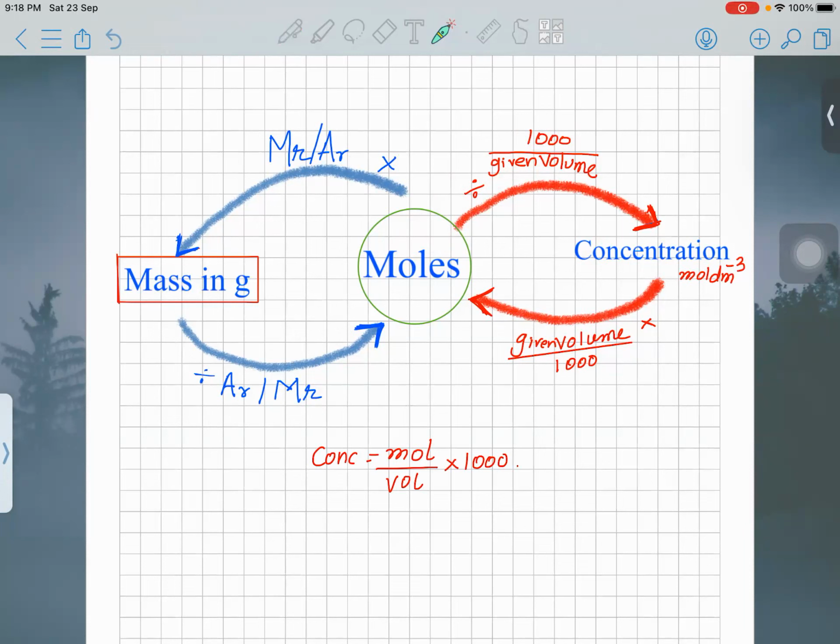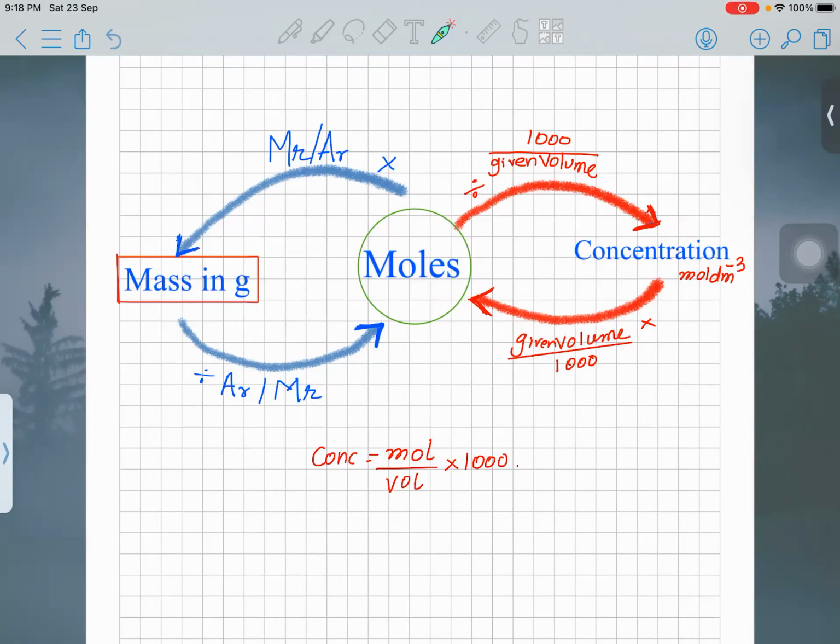So when you divide mole by the volume and then multiply by 1000, you will get the concentration. Are you getting my point or not? Yes, sir.